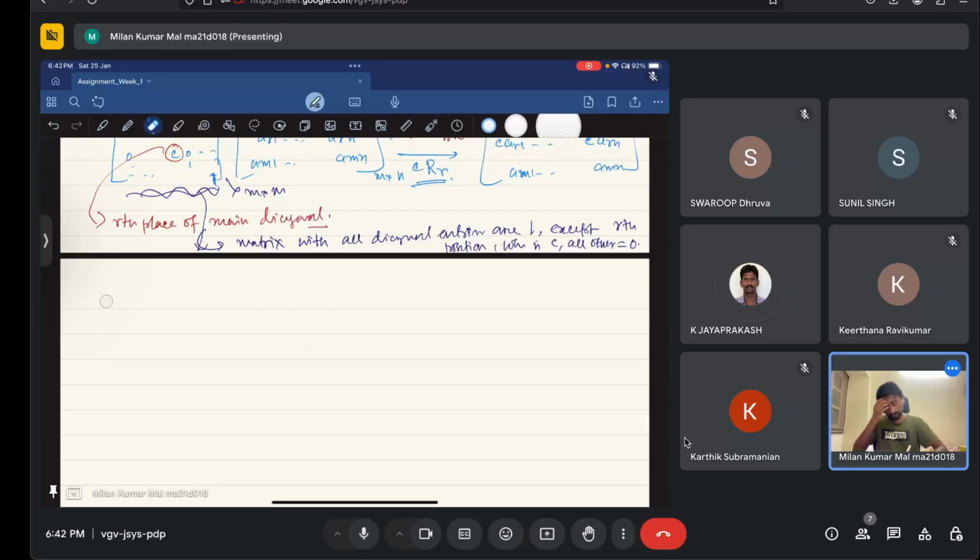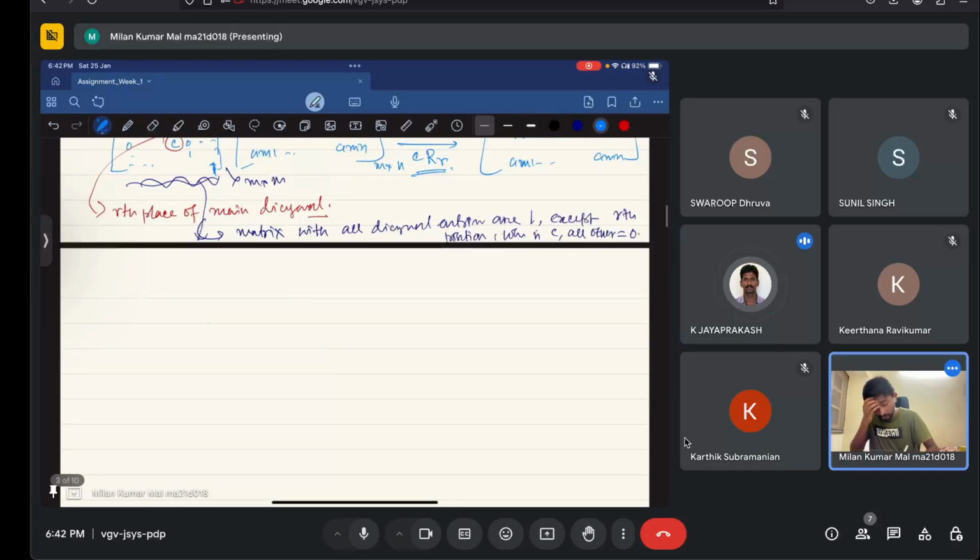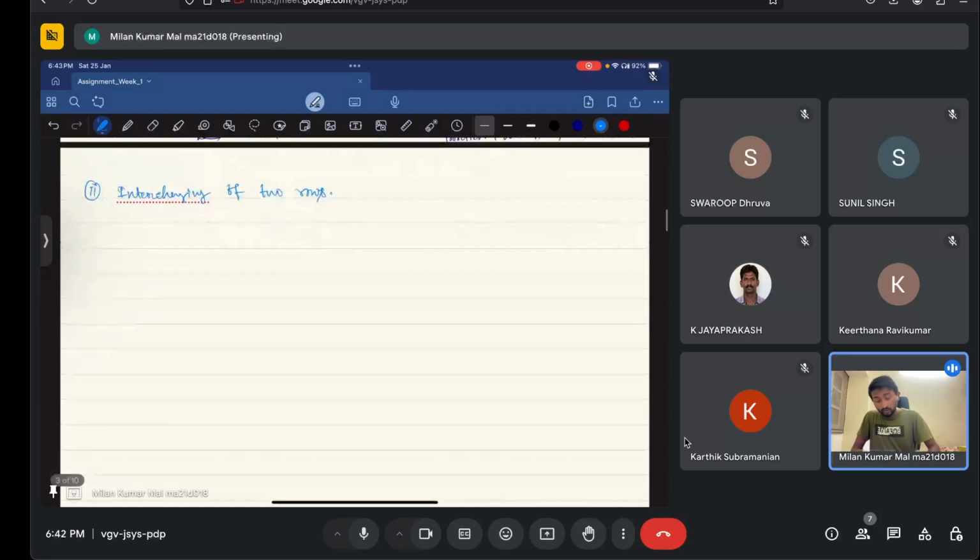Okay, thank you. So now let's do the second elementary operation, interchanging of two rows.